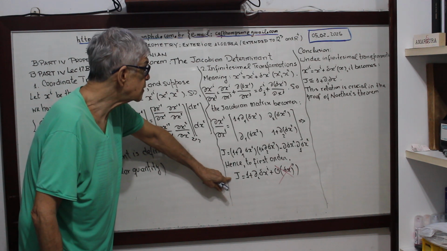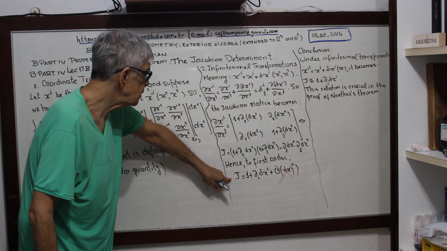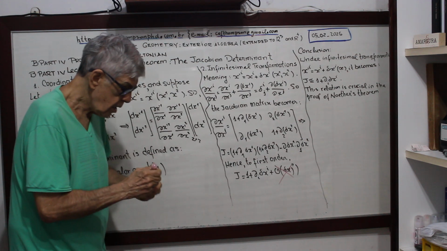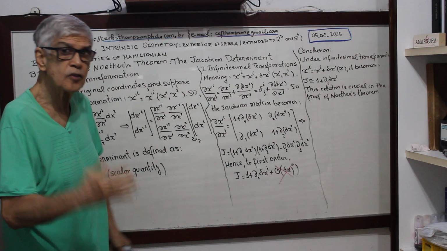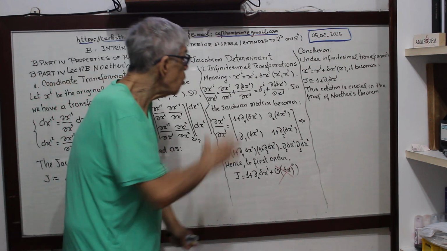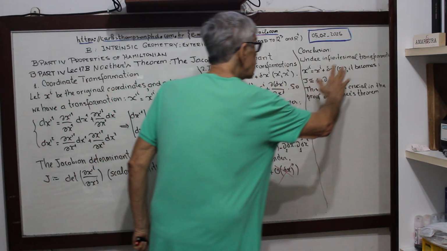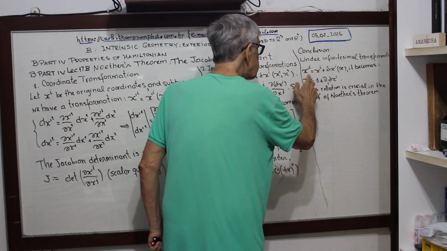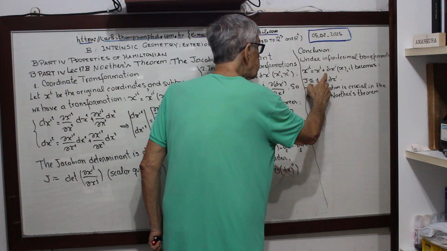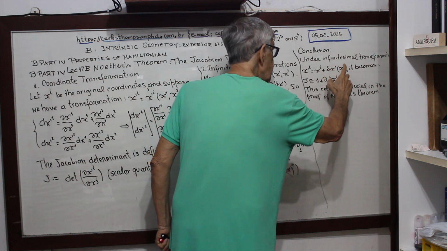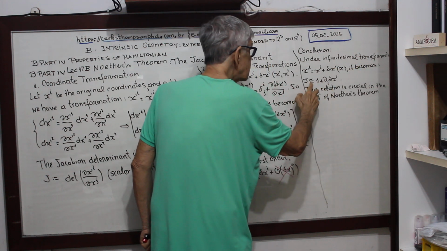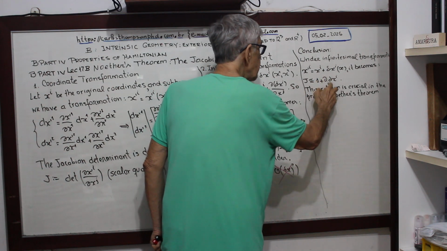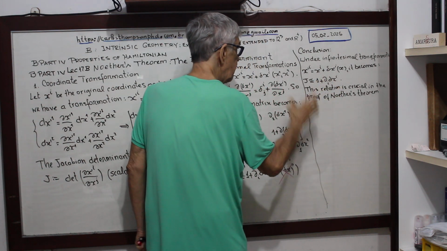So this is the first order approximation of the Jacobian determinant. Conclusion: under infinitesimal transformation, x'_i is x_i plus delta x_i, a function of x, then J can be approximated to 1 plus this partial derivative with respect to x_i.